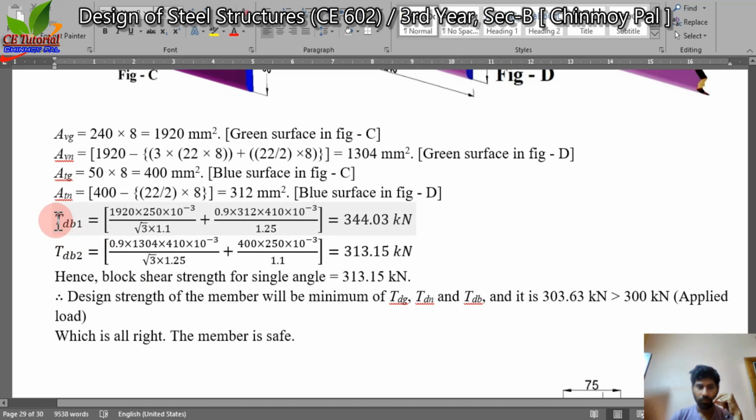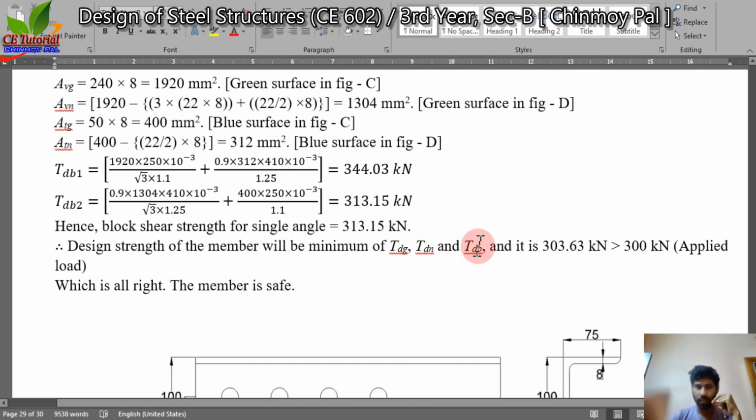So you have to calculate TB1 and TB2, and the minimum one, that is 313.15 kilonewton. It is the actual block shear strength. So the minimum of TDG, TDN and TB is the 303.63 kilonewton. This is the design strength or load carrying capacity of the member.